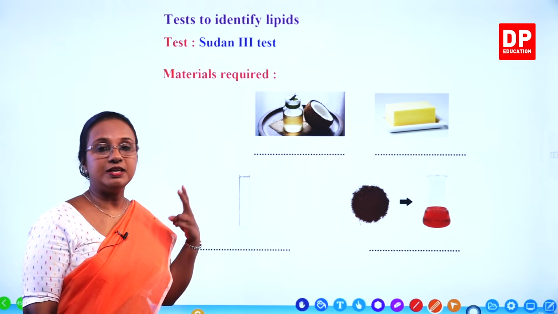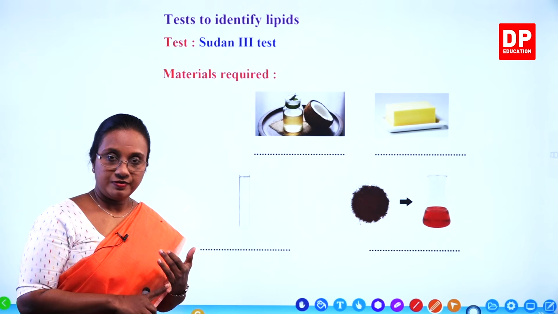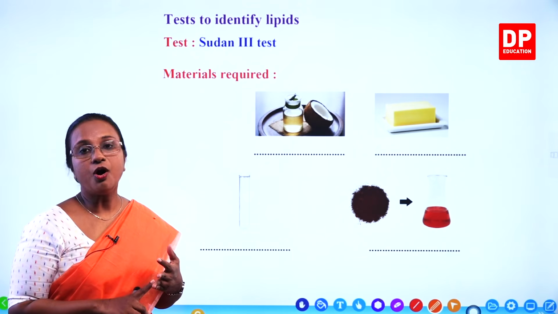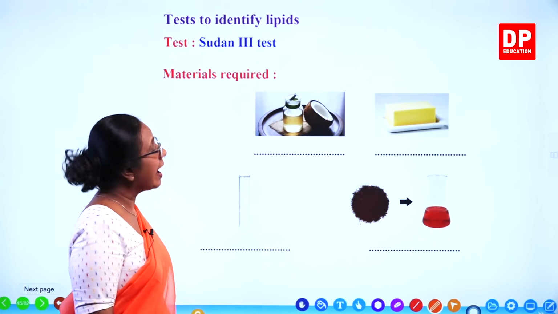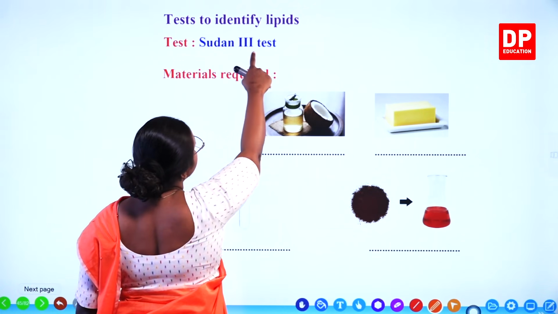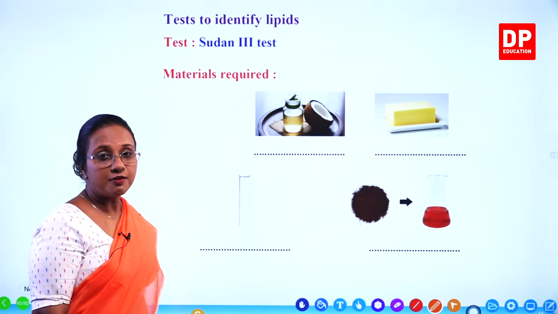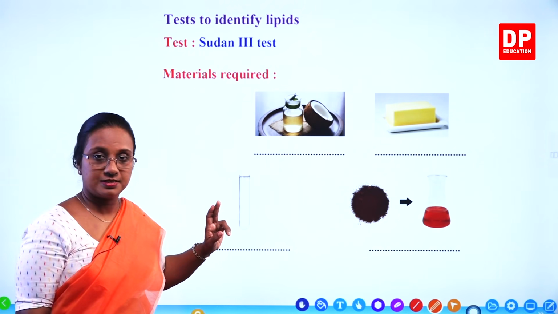Here also we will be doing two types of tests, one for fats and the other for oils. For this test we use one special reagent that is called the Sudan 3 reagent. Therefore, the test is known as the Sudan 3 test.